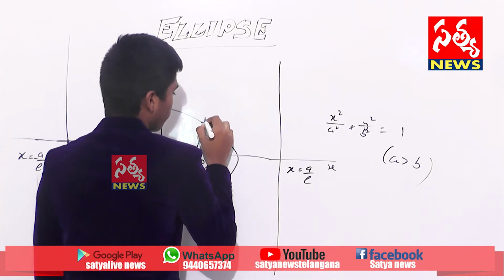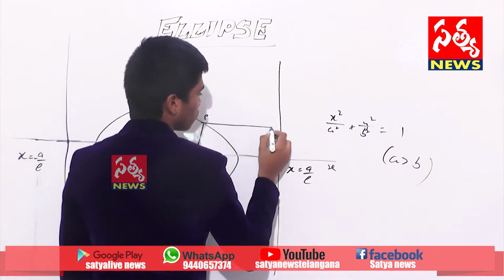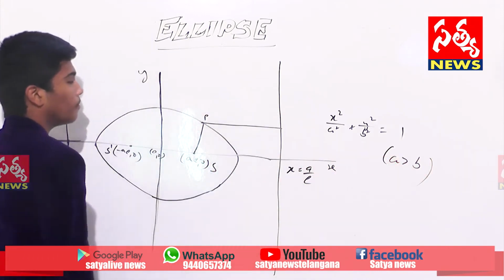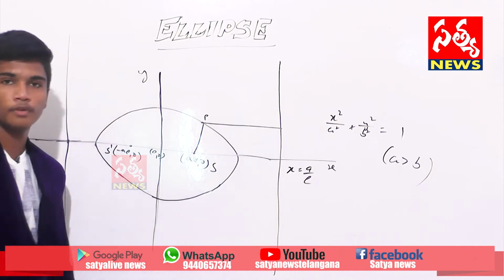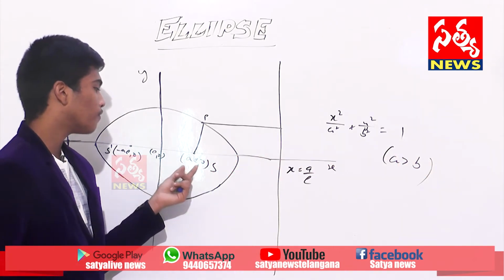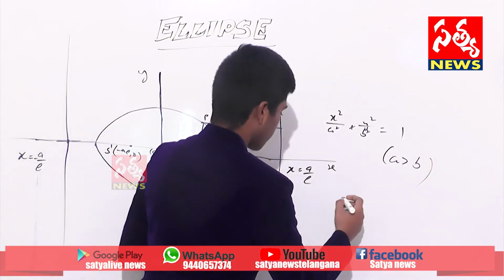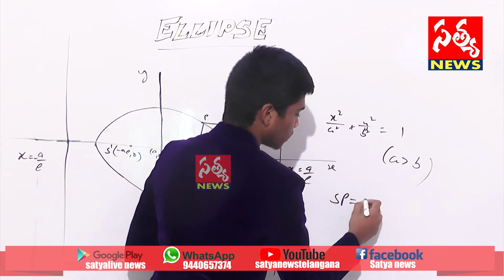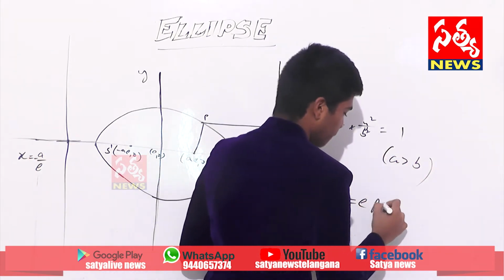Now, I am going to take a point P here on the ellipse, and the distance from the ellipse and the directrix. Now we will discuss from where this e came. See, let's take this as M, SP equals e times PM.